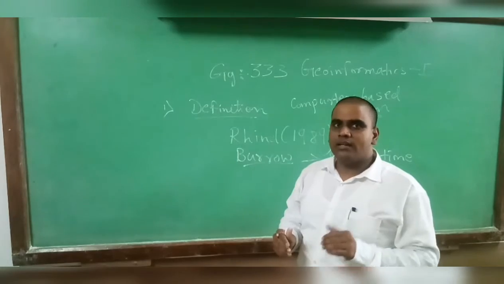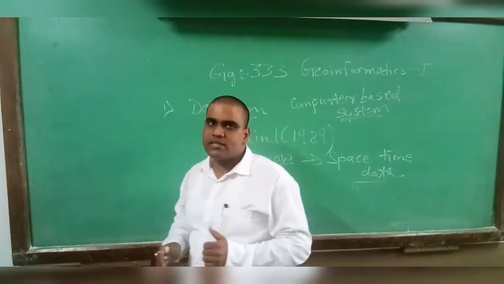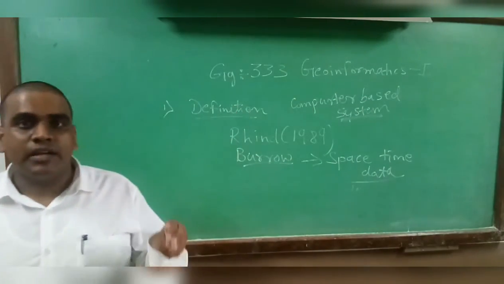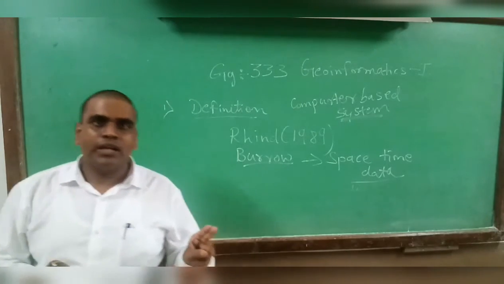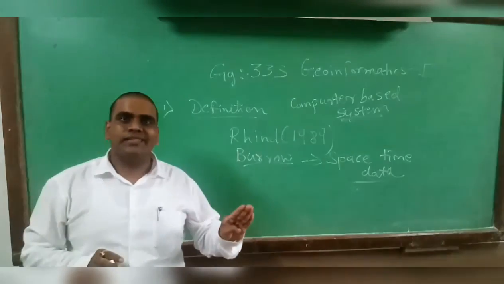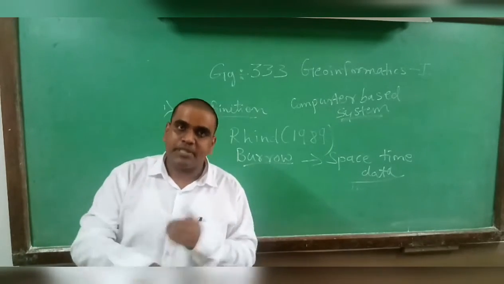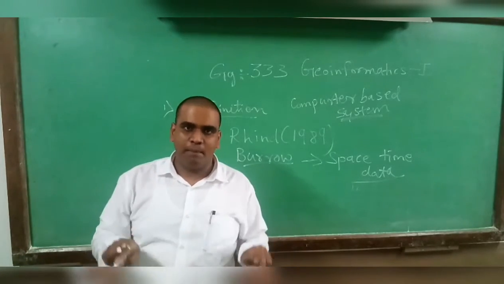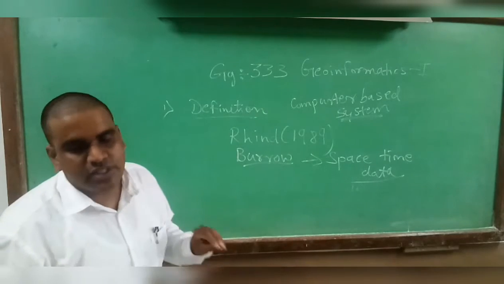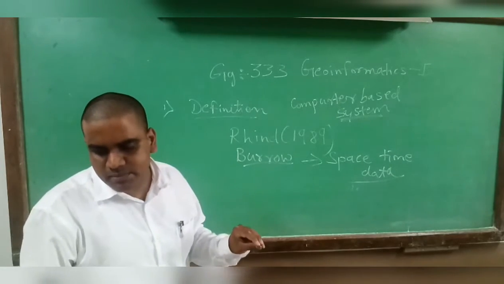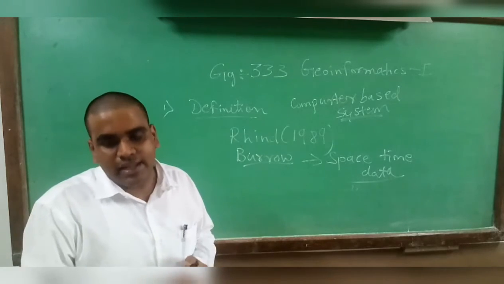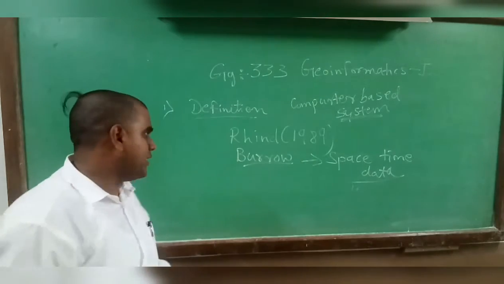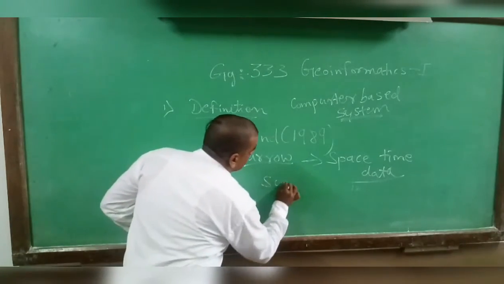It collects, stores, manipulates, analyzes, integrates and represents the data in the form of maps. So GIS is a computer based system for collecting, integrating and analyzing the information related to the surface of the earth.